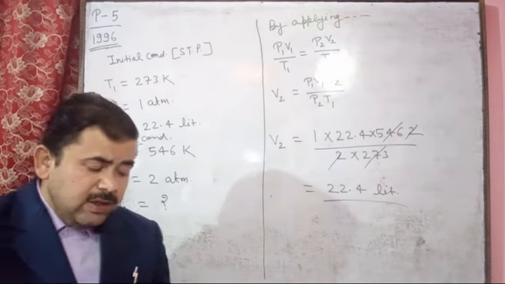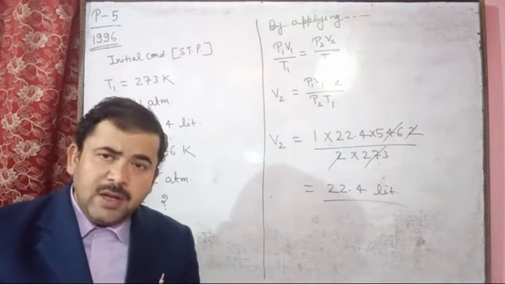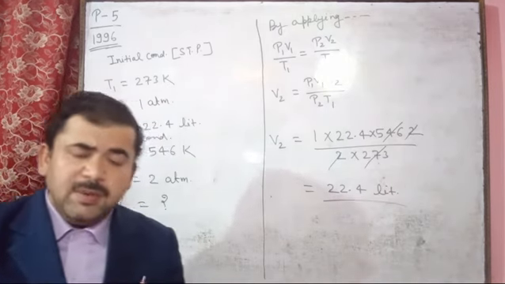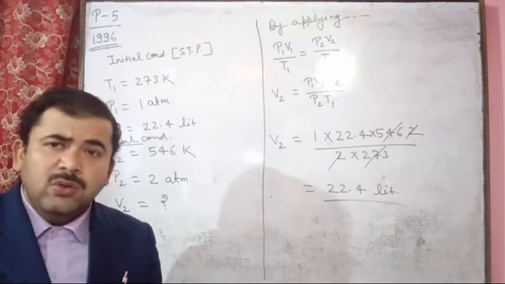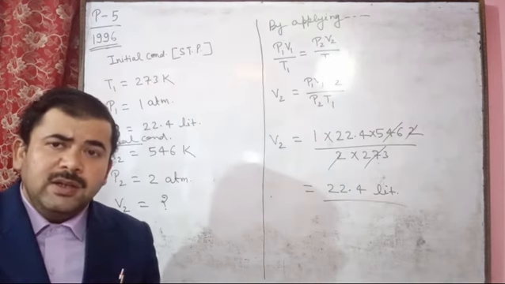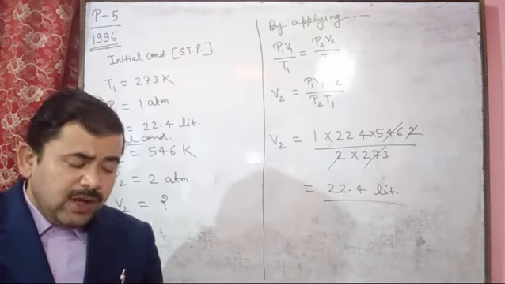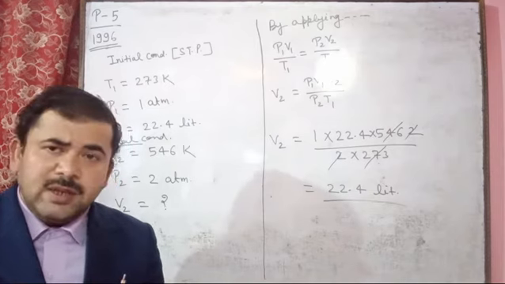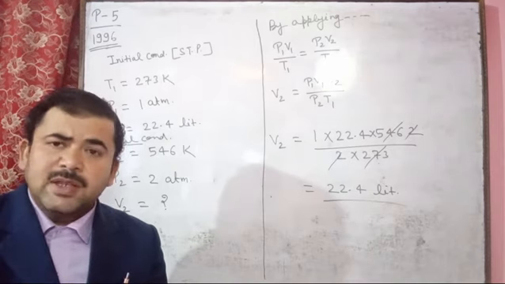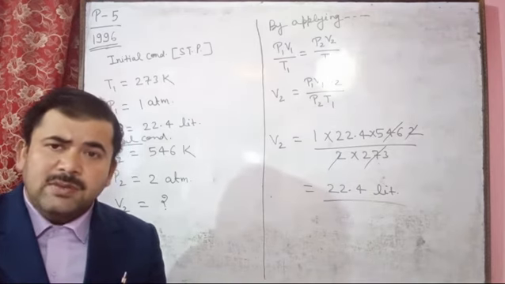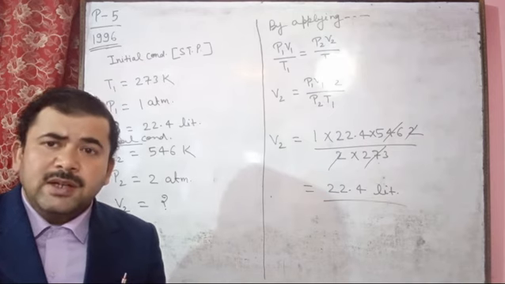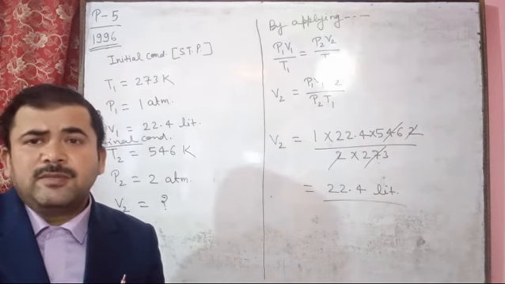So here, is it possible to change the temperature and pressure of a fixed mass of a gas without changing its volume? No, because these factors are correlated with each other.